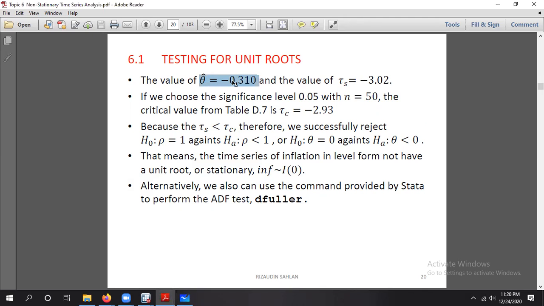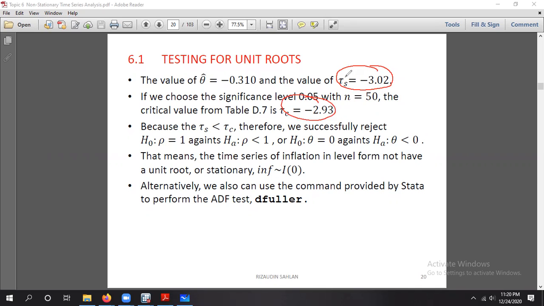This value we are not interested in; we are only interested in the tau statistic. And then we must compare it to the tau critical. If you choose the significance level of 0.05, 5%, and 50 observations, the tau critical is negative 2.93.